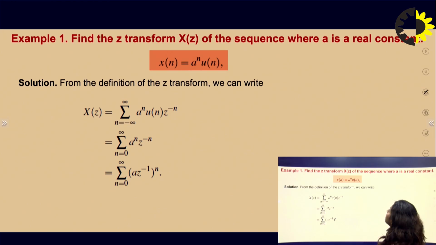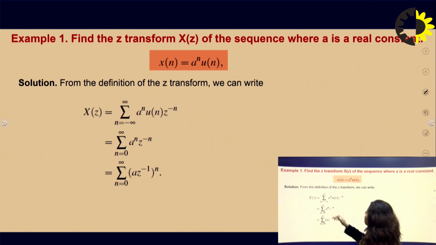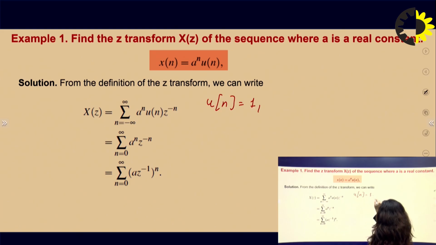So first we find the Z transform X(z) of the sequence where a is a real constant. We have the sequence x(n) = a^n u(n), which is basically an exponentially growing or decaying sequence, depending on the value of a. From the definition of the Z transform, X(z) is the summation over n from minus infinity to infinity of a^n u(n) z^(-n), and we know u(n) is 1 for n greater than or equal to 0, and 0 for n less than 0.